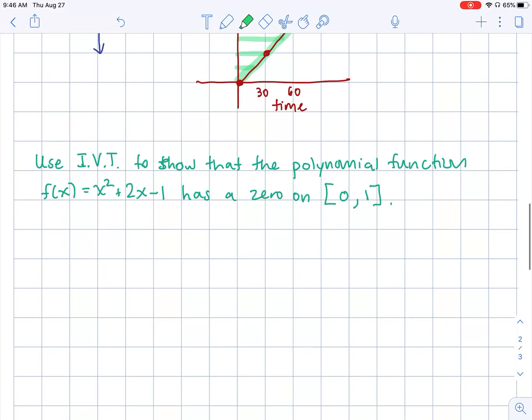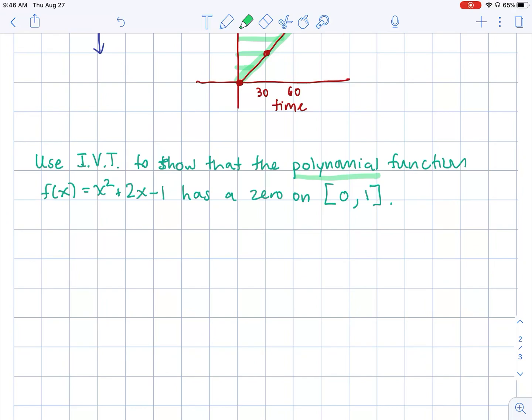So do we know that a polynomial function is continuous? Yes, we should know that all polynomial functions are continuous. There are no breaks or steps within that function. There are no asymptotes within that function. That function isn't undefined.